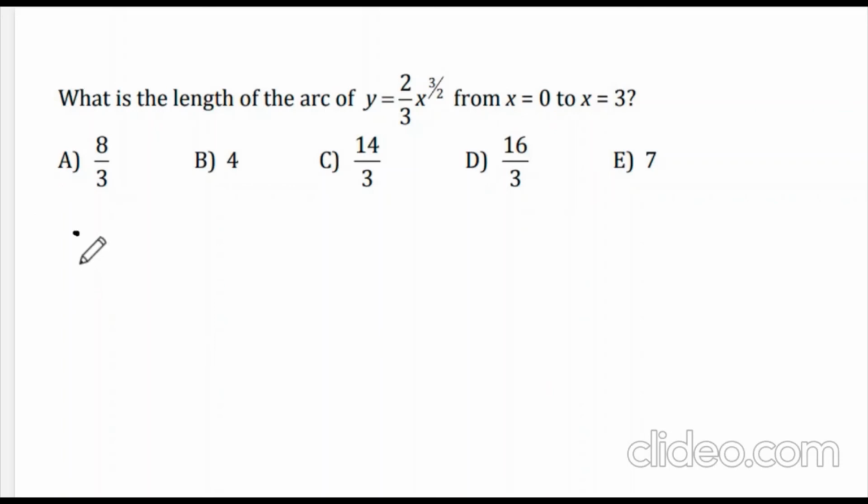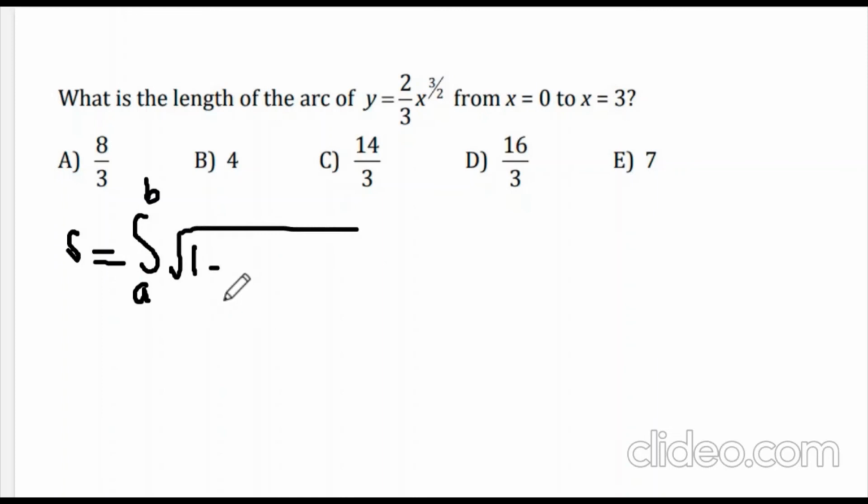The arc length equals the definite integral between a and b of the square root of 1 plus dy over dx squared dx.